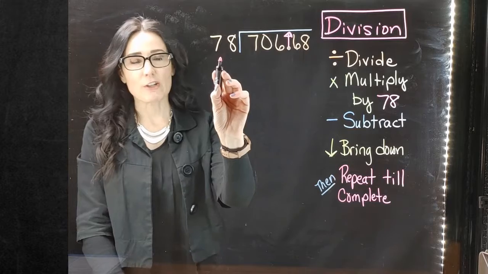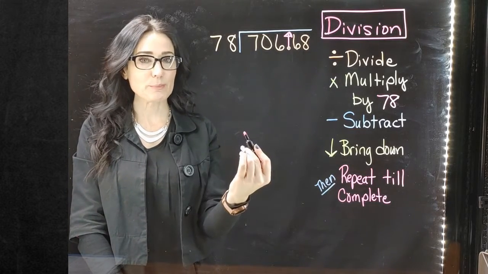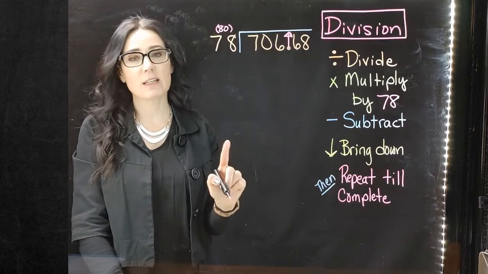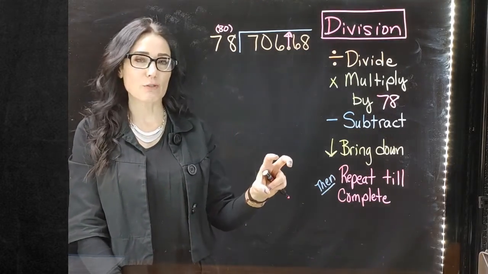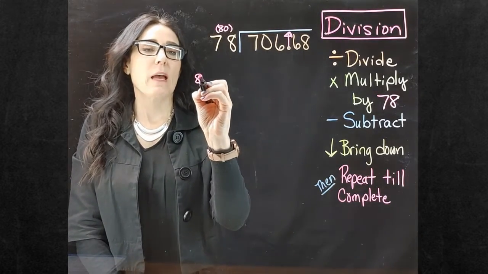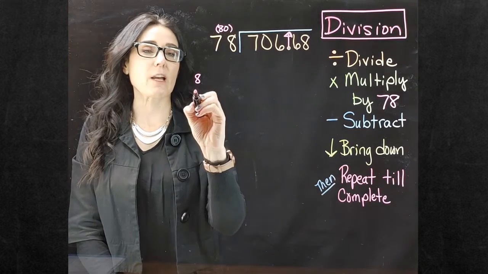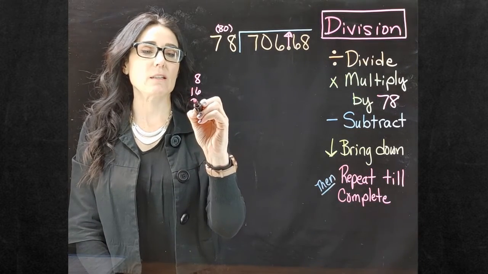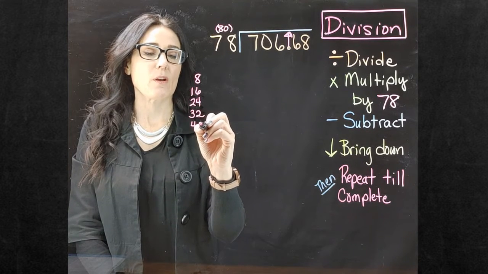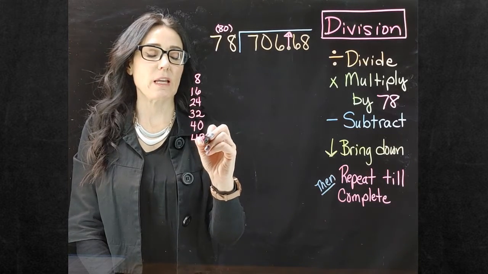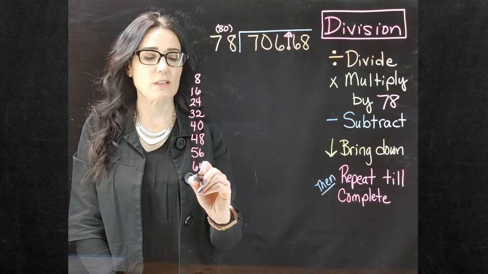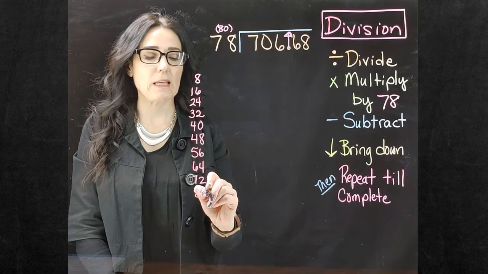So this number here, 78, is close to the number 80. So we are going to use 80 as our estimated number to help us get close to the right number, okay? So let me show you what I mean. We're going to count by 80s. Actually, we could count by 8s. So we could count by 8, 16, 24, 32, 40, 48, 56, 64, 72, and 80.